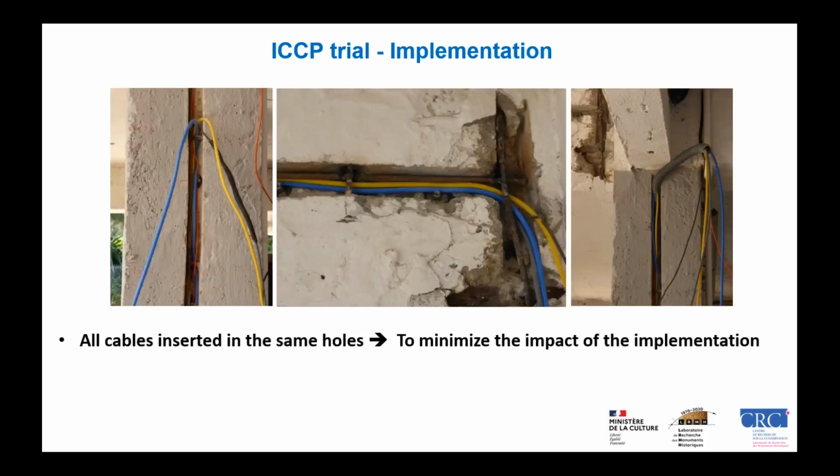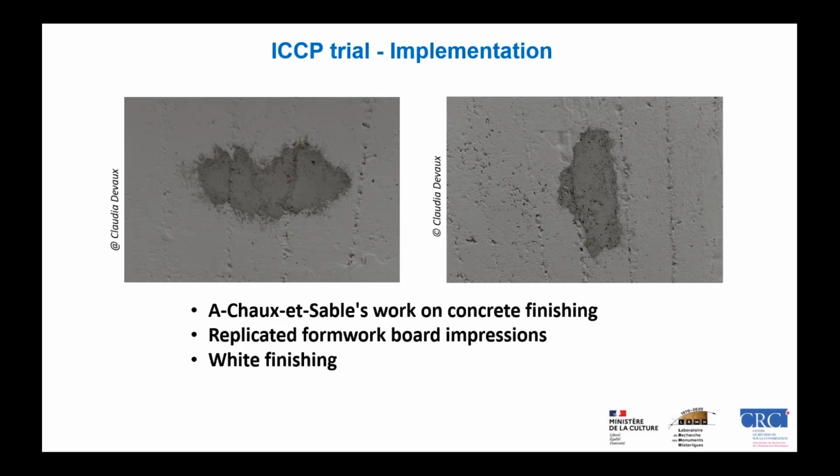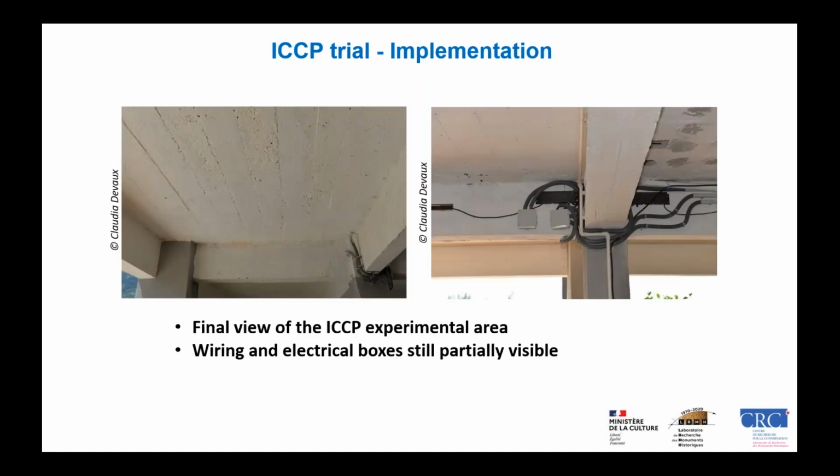Then all the cables were inserted in the same holes to minimize the impact of the implementation. And then there was the cooperation of the Chaux et Sable company on the concrete finishing with the formwork board impressions and the white finishing. And here it's after the ICCP implementation and the repair by Chaux et Sable.